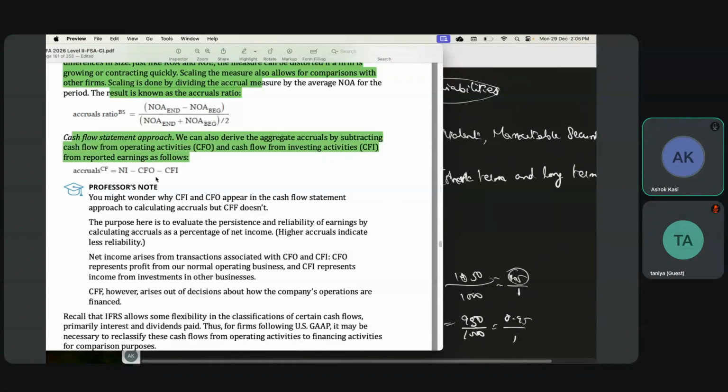What does this mean now? See, accruals total from this income, net income. Ideally, assume this much amount we have got as net income. Out of that, we have got this much only as cash. Out of that, again, we have invested some amount. So the rest is all accrued one, for example. Otherwise, you can even say the rest is all cash flow.